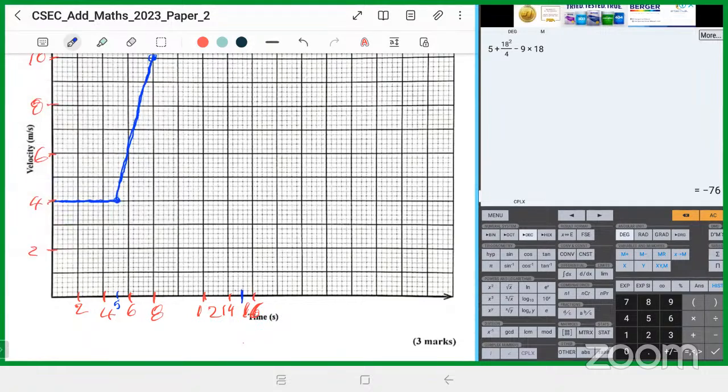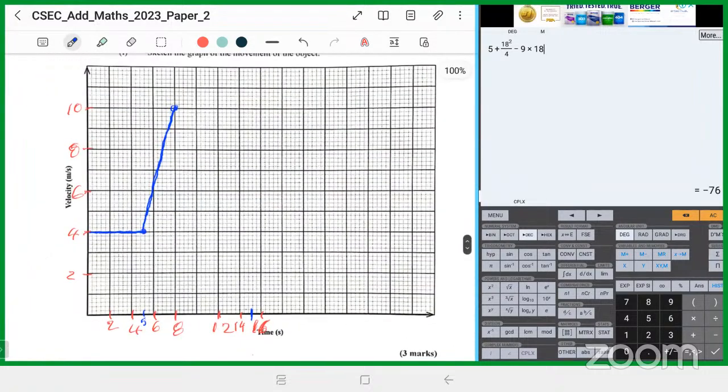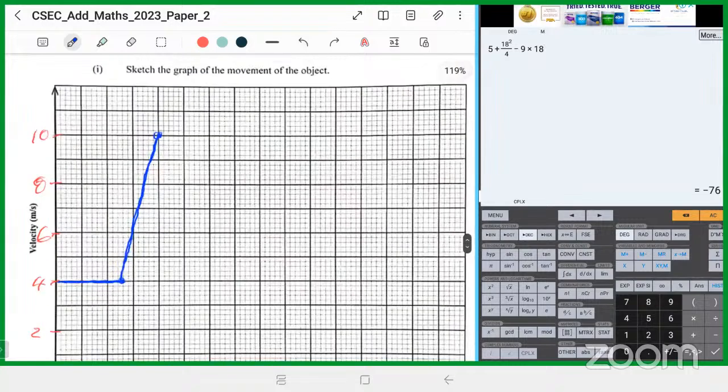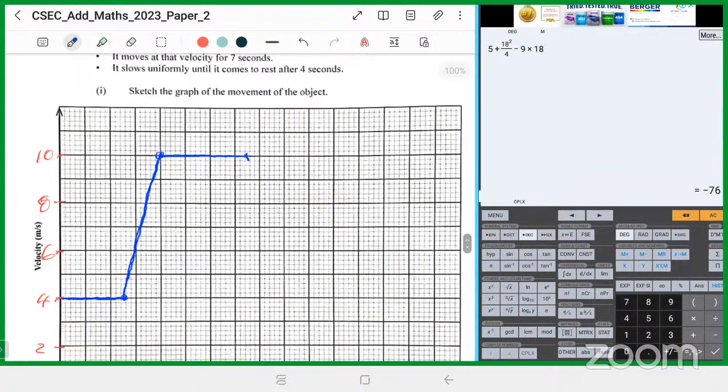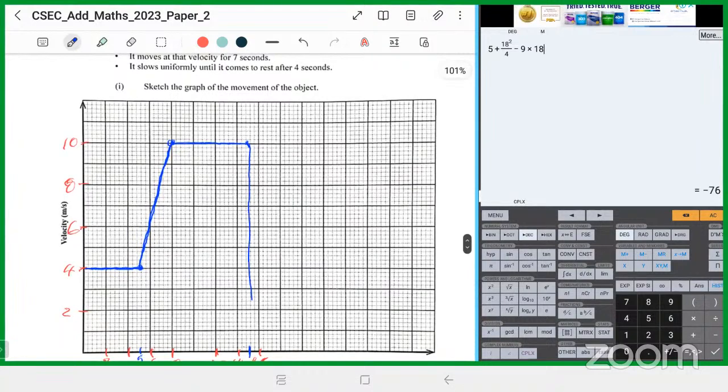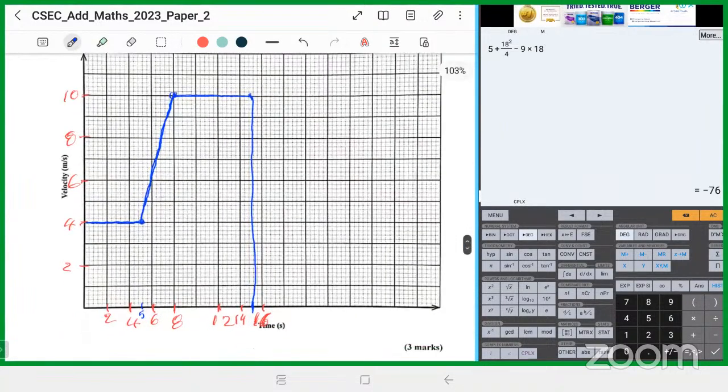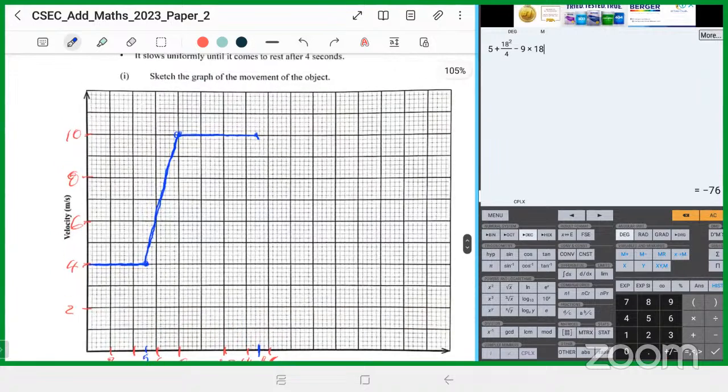So it maintains that velocity until it gets to 15, right in between these two lines. That takes us down to the 15. Good. So that's where it went next.